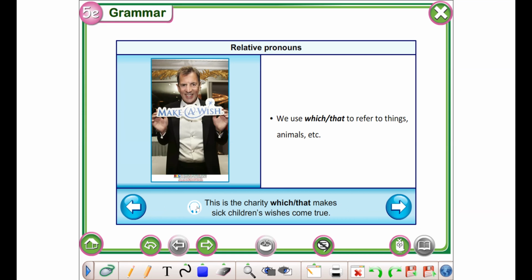Everybody together. This is the charity that makes sick children's wishes come true.